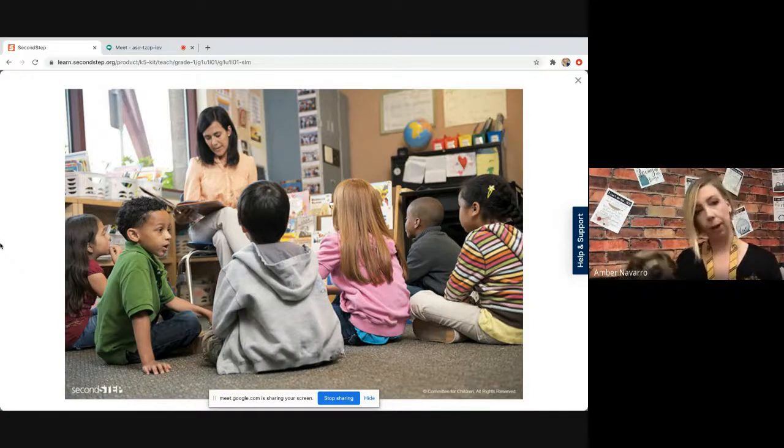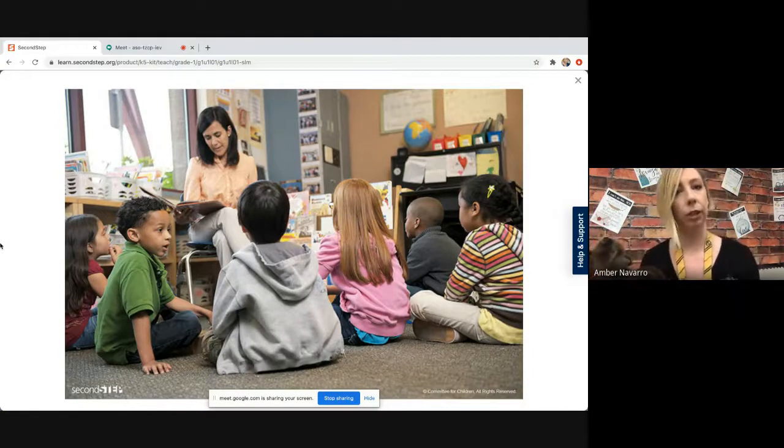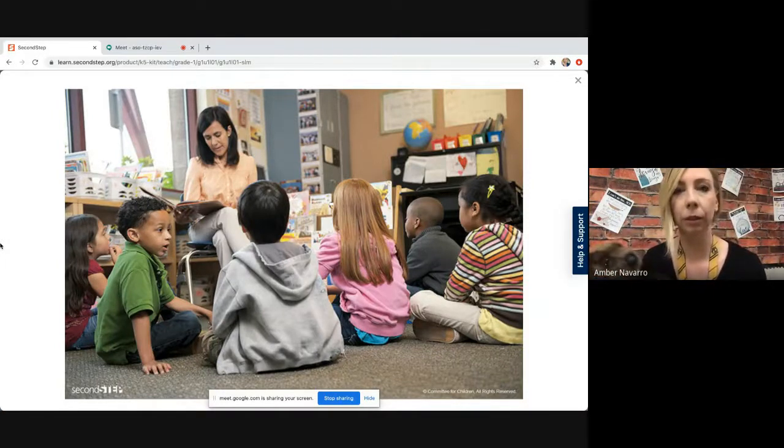So let's talk about what happens to all the other students when one person in a group, like this group of students, starts talking. You have an idea, Puppy? Do you have an idea in the classroom? If you want, your teacher can pause this and you can talk about what does happen when one person in the group starts to talk.